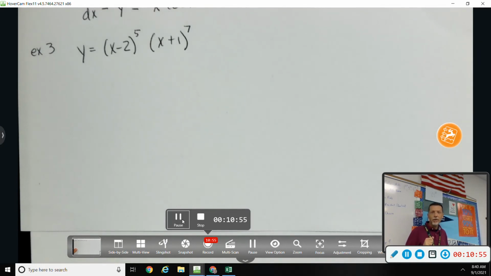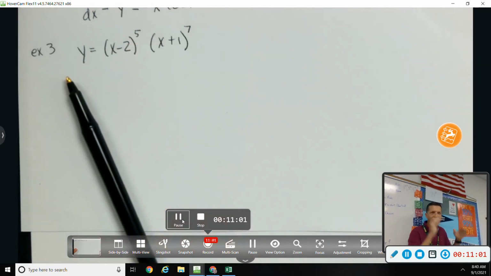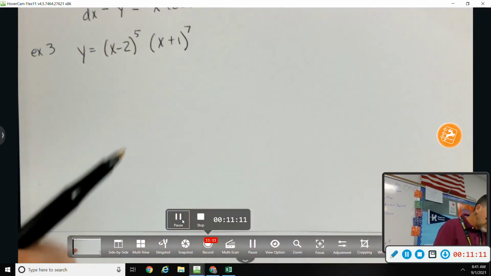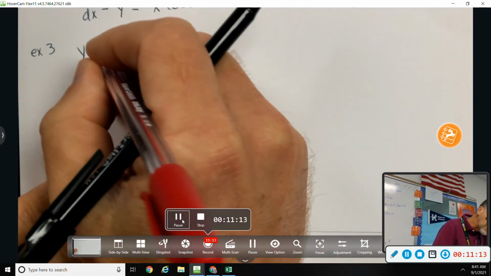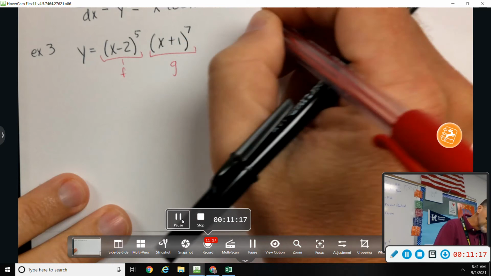Yes. Would you want to avoid the product rule? No, because to avoid the product rule, you'd have to do x minus 2 five times, then x plus 1 seven times, and then somehow get them all together. Possible, yes. Likely to make a mistake, also yes. So let's do the product rule.